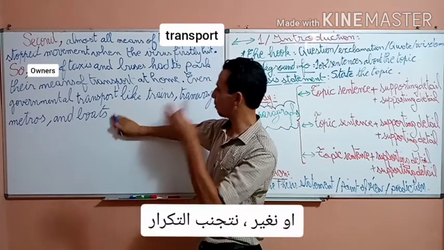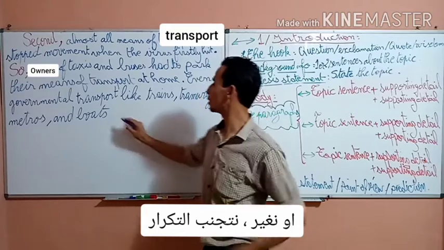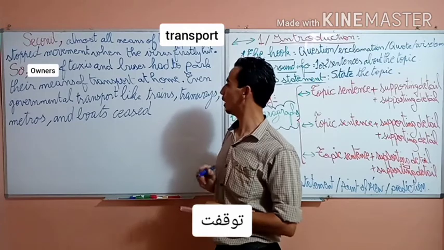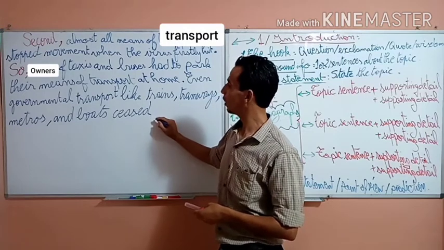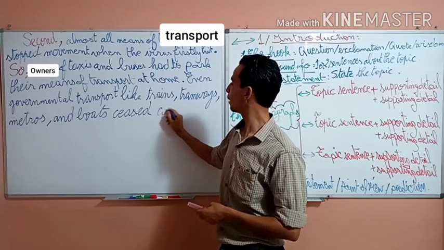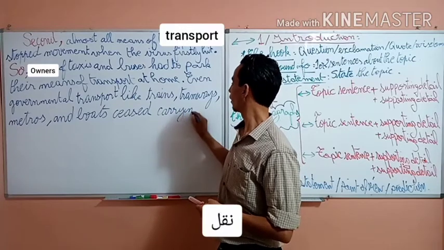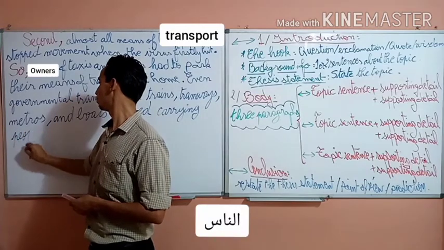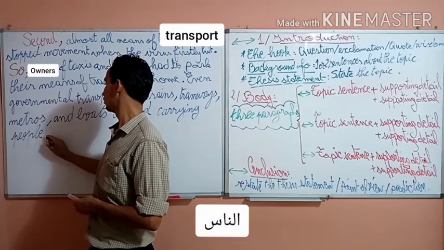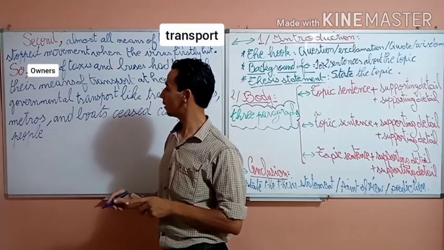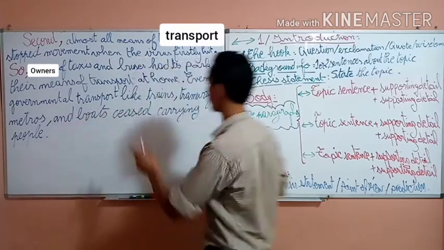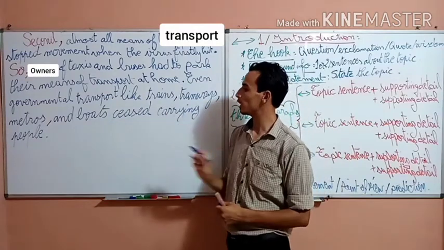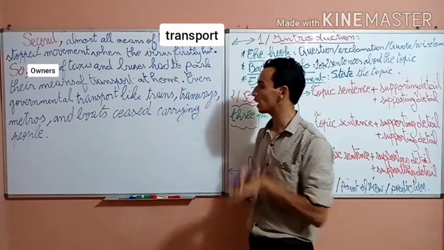Or we change, we don't repeat saying stop, so we say ceased carrying people. We repeat reading. Even governmental transport like trains, tramways, metros, and boats ceased carrying people.